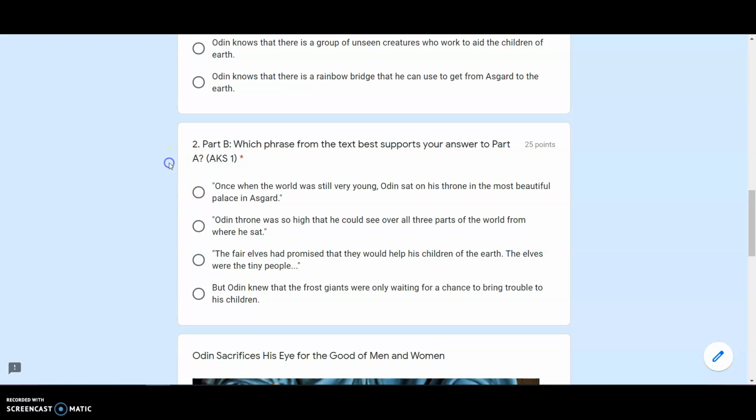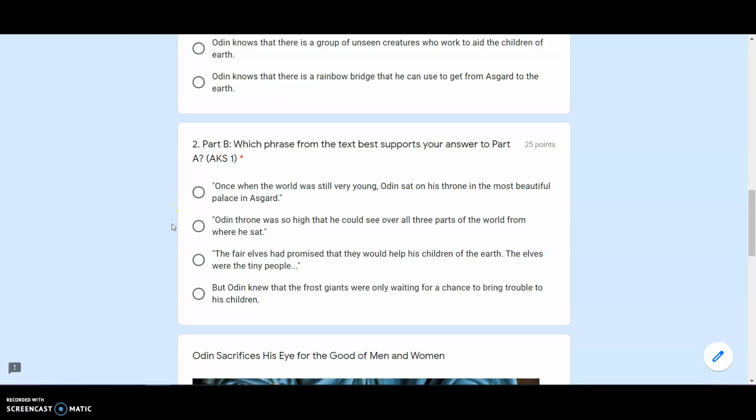Okay, question 2, part B. Which phrase from the text best supports your answer to part A? Okay, so whatever your answer choice is for question 1, which phrase best supports that answer? A. Once when the world was still very young, Odin sat on his throne in the most beautiful palace in Asgard.